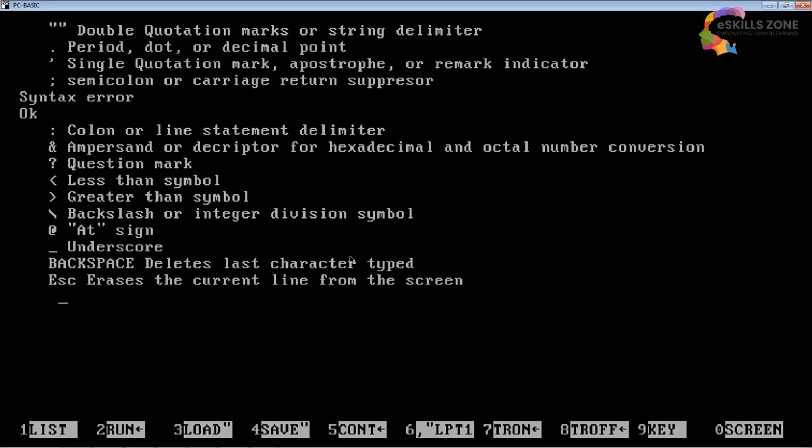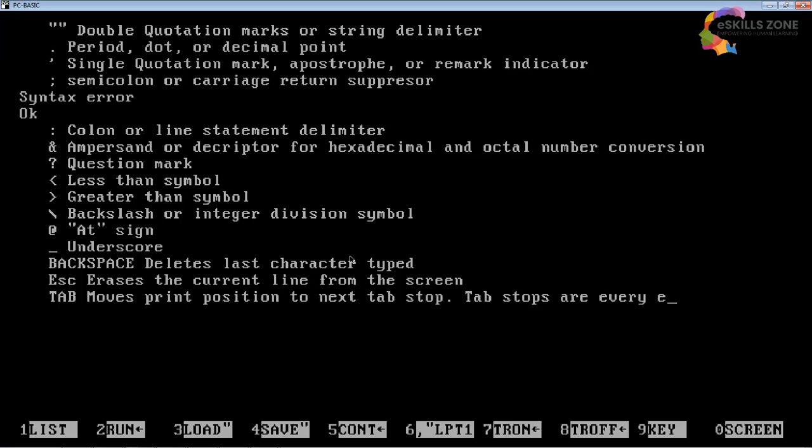Now only two characters are left. Tab moves the print position to the next tab stop. Tab stops are every 8 columns.